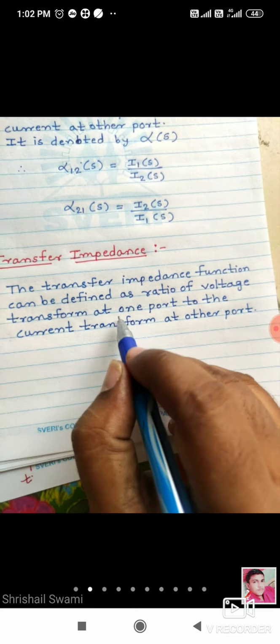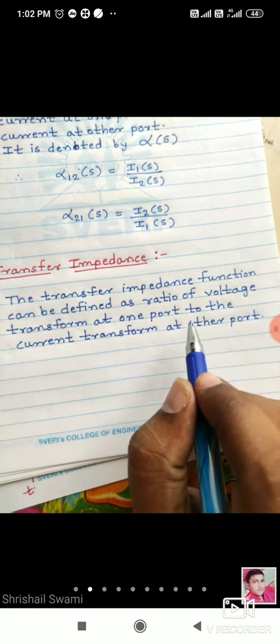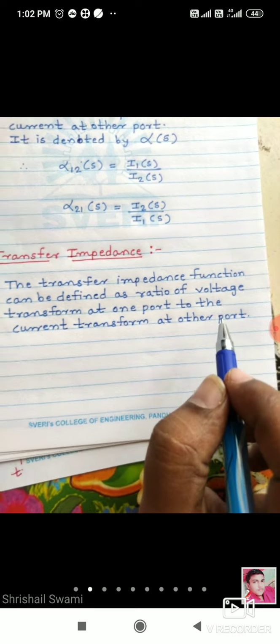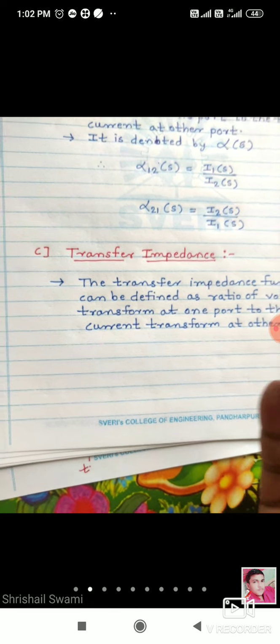So this is very important here. Voltage transform at one port to the current transform at other port. Both ports must be involved. Okay, so it is denoted as usual impedance means Z.